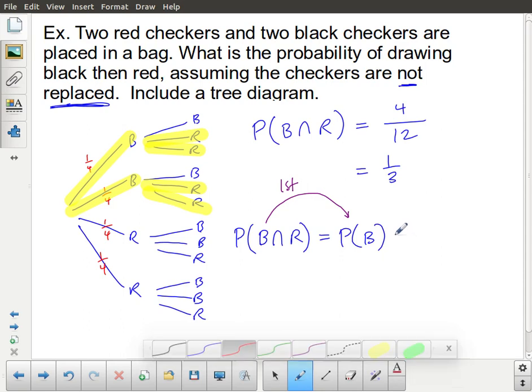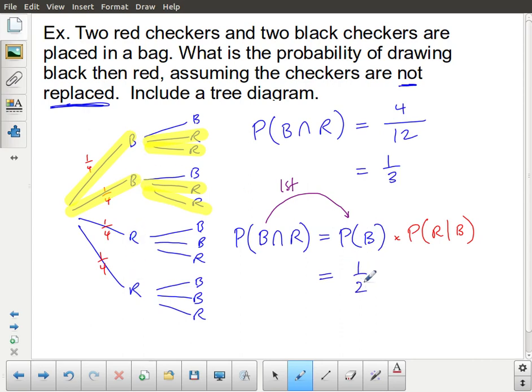And then I multiply that by the probability of getting a red given that a black has already occurred. Now, what are those going to look like as far as numbers go? What's the probability of getting black? Well, since there are 2 blacks and 2 reds, there's actually a 1/2 chance of getting a black.